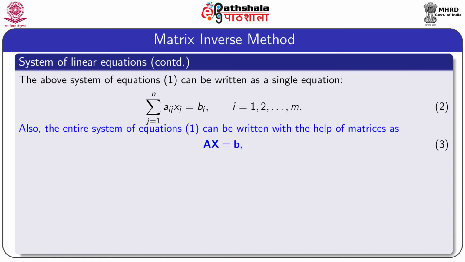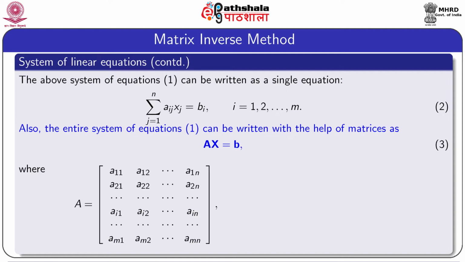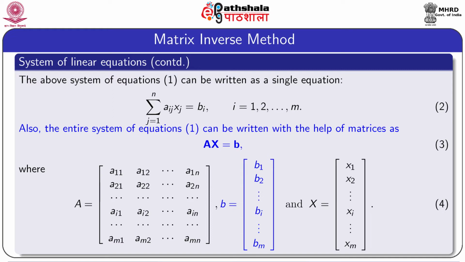This system of equations can also be written with the help of matrices as Ax equal to b, where A is called the coefficient matrix, containing the coefficients a11, a12 up to amn. The right hand side b represents the right hand vector b1 to bm, and the vector x is the vector of the variables x1 to xn. So, this is the matrix representation of the entire system of equations.